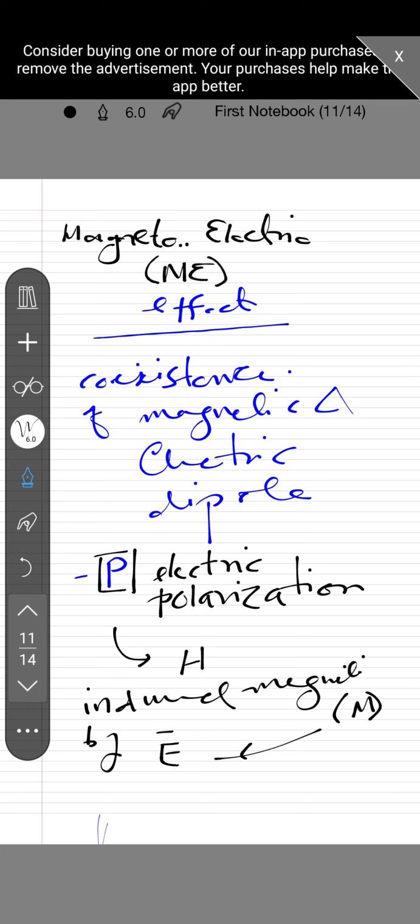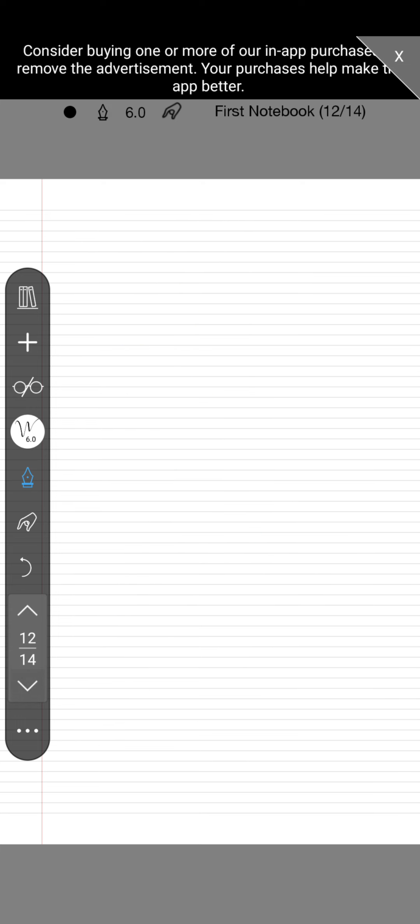Now we can write this in terms of symbols as P, capital P, is equal to chi to the power E, the electrical susceptibility, multiplied by the electric field E, plus the electromagnetic susceptibility, EM, into the magnetic field.